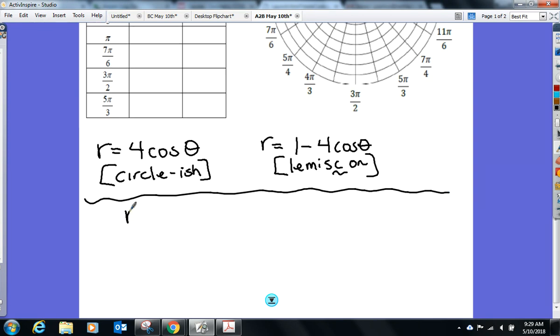Here's what we're going to start doing today. r equals, there'll be a value out in front. Now there'll also be, and I'm going to put an n here, a value in between cosine and theta, and a value in front of cosine theta. See how it's different from the ones we did on day one.